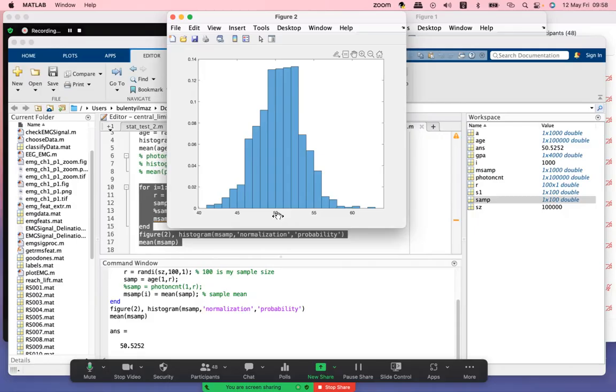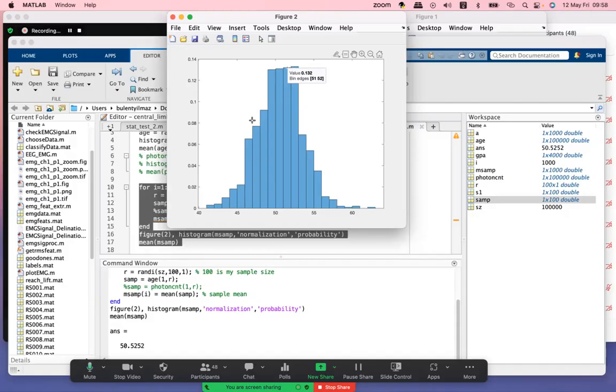Okay, I don't know the population mean of Kayseri people's ages, let's say. What I'm trying to find out is, by sampling from 100 people, I will try to estimate the actual population mean.